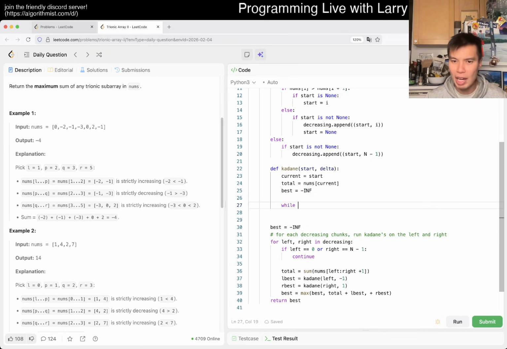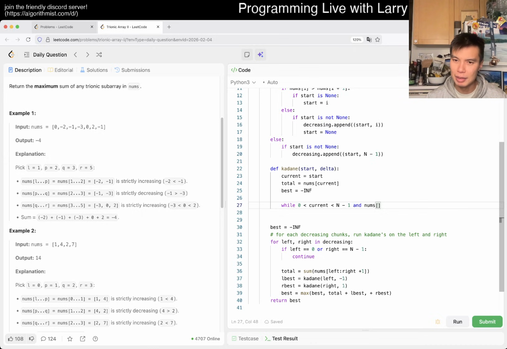Because then now we can do while current. So while current is greater than 0 and less than n, maybe. Well, no, the greater than 0 part is fine, because current can check for current minus 1, and then current plus 1 should be less than n, right? So that means less than n minus 1. Okay, and these are all increasing.